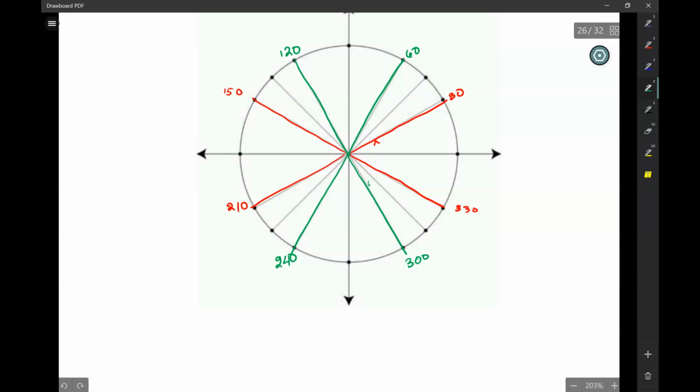All right. Now, what about the 45s? So this is 45 degrees from the x-axis. 45 degrees from here is how much? 135. So we always measure from the x-axis. 45 degrees down, 180, 225.